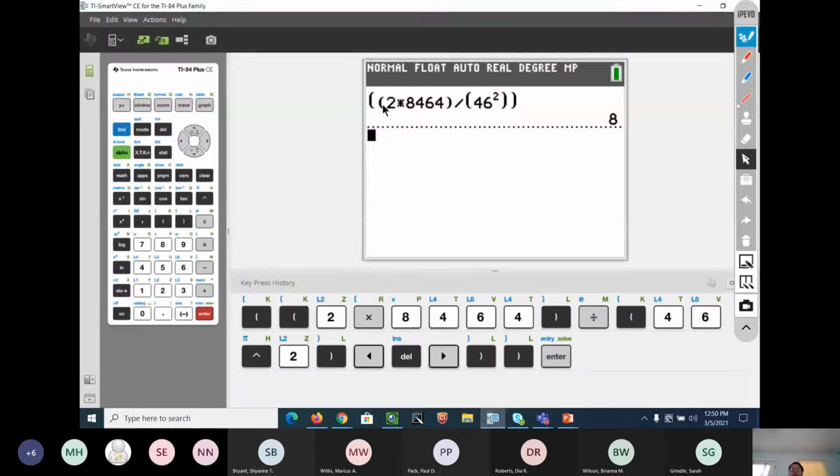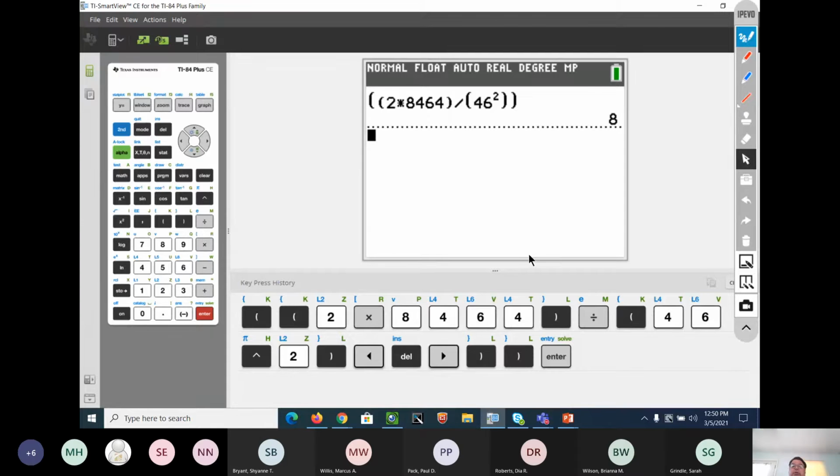Try that. Start with 2 parentheses, this one and this one, and then type in 2 times 8464, close 1 parenthesis, then divide, open parenthesis, 46, and then hit the caret symbol right there, and 2, then move over to the right with your button right here, and then put 2 closing parentheses and hit enter.